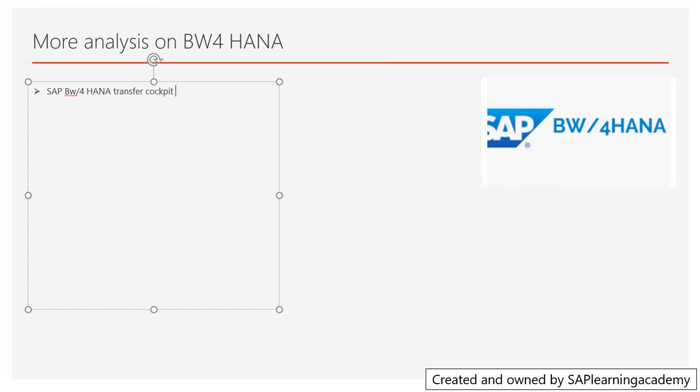And now we have done some more analysis. As you know, the PSA isn't available when you transfer to BW/4HANA, because the PSA and InfoPackages can be skipped.